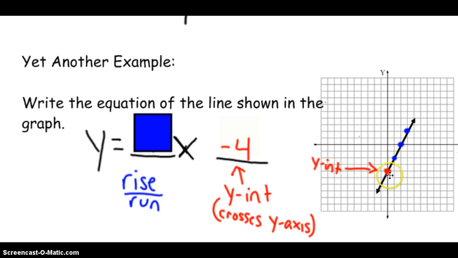To get from the y-intercept to the next point on the line, you go up how many? That's correct, up 2. And to the right how many? 1. But instead of writing 2 over 1, we simplify that to be just 2.